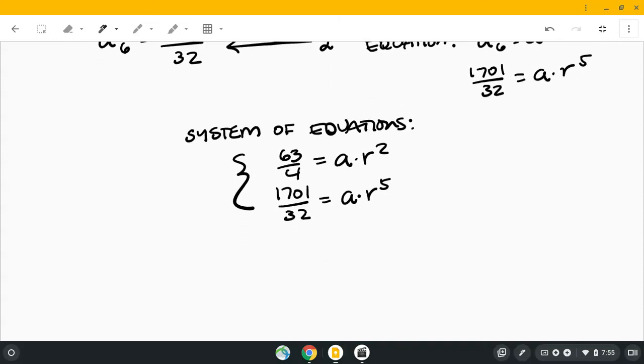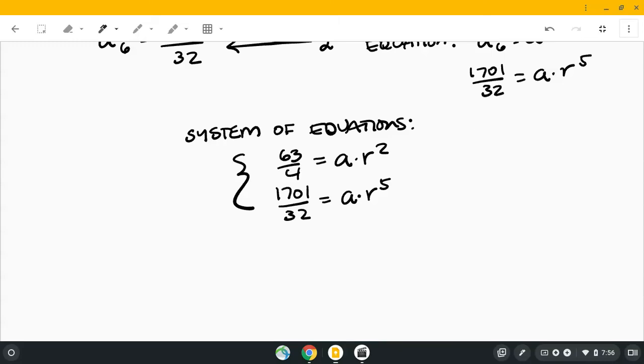And if you remember how to solve systems of equations, you can use the elimination method. You can use the substitution method. I'm going to go ahead and use the substitution method. Okay, I have two variables. I have the variable A and I have the variable R.